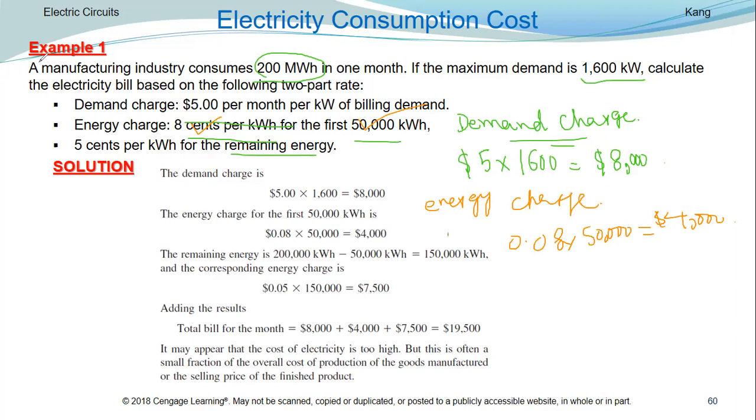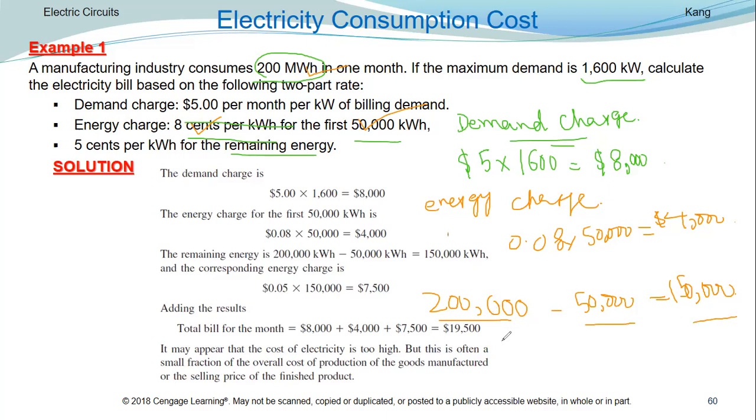Now the remaining energy. The total energy for this system is 200 megawatt hours, so it will be 2 lakh minus 50,000, which equals 1 lakh 50,000, that is 150,000.